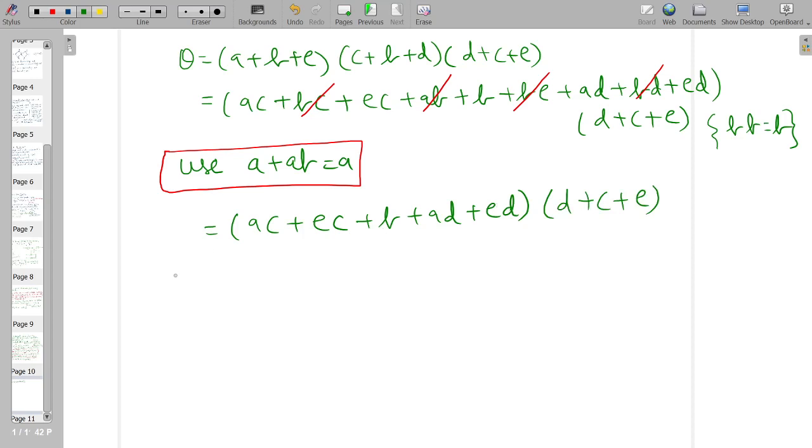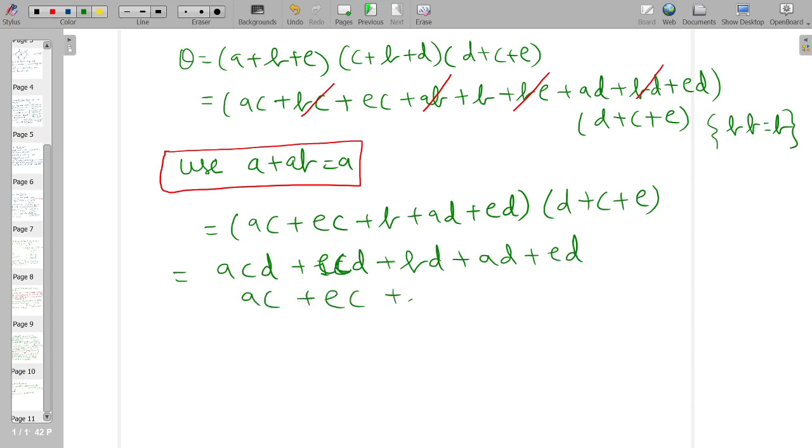So I will have 15 terms when I do this. ACD plus ECD plus BD plus AD plus ED, and next would be AC plus EC plus BC plus ADC plus EDC.